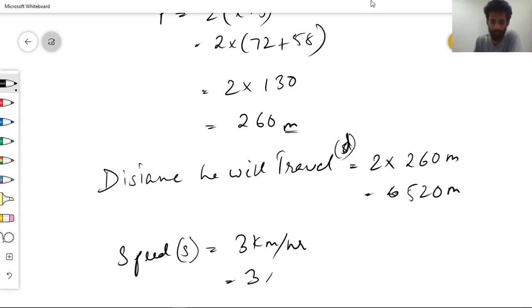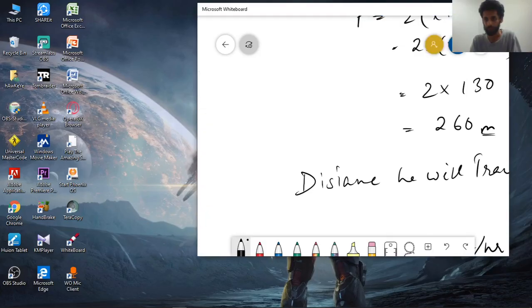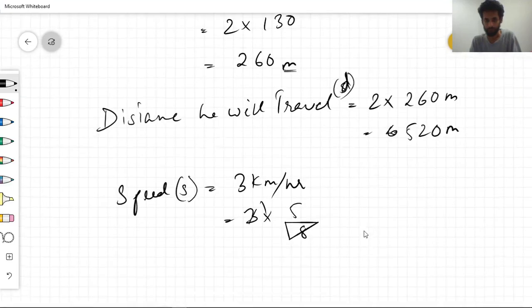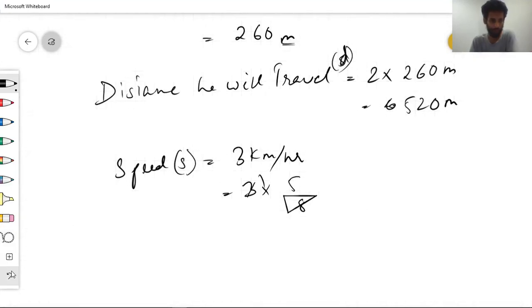Yes, I can convert it. I have to multiply it by 5 by 18. So 3 into 5 by 18 is 5 by 6 meter per second.